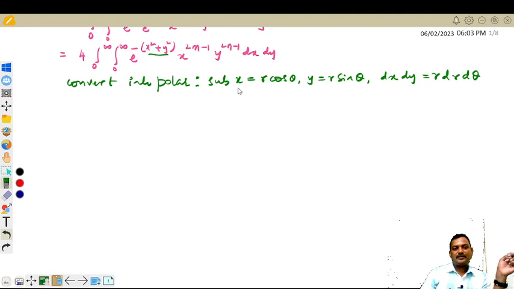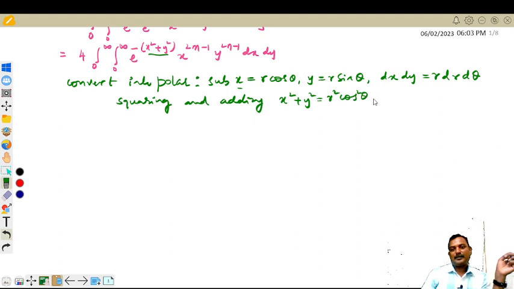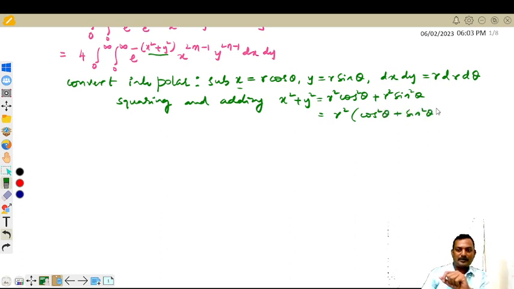When we square and add these two, we get x square plus y square is equal to r square cos square theta plus r square sin square theta, which is the same as, taking r square common, r square times cos square theta plus sin square theta, students.